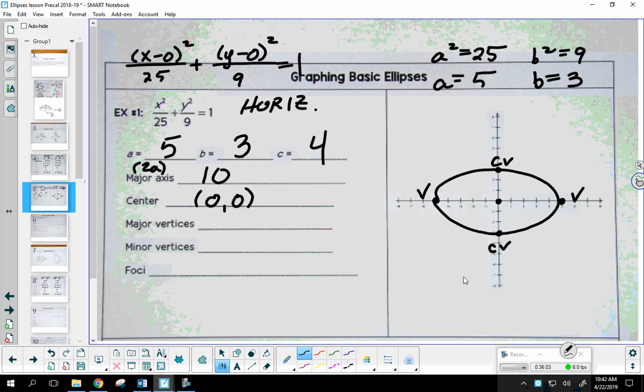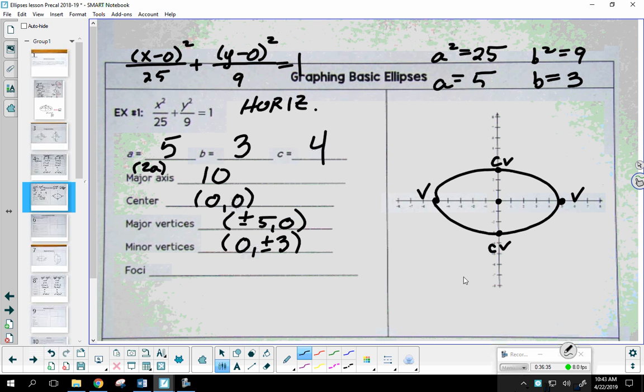You could absolutely write those as 2 separate points, but if I have the opportunity, I like to condense those. So I write 2 points as 1 just using plus and minus. You don't have to do that. That's just something I prefer to do. So I could do the same thing with the co-vertices. Can anybody tell me what the condensed version would be? 0 what? Plus or minus 3. There you go.